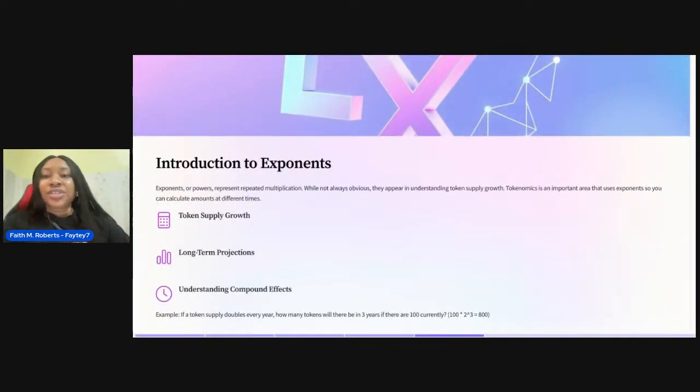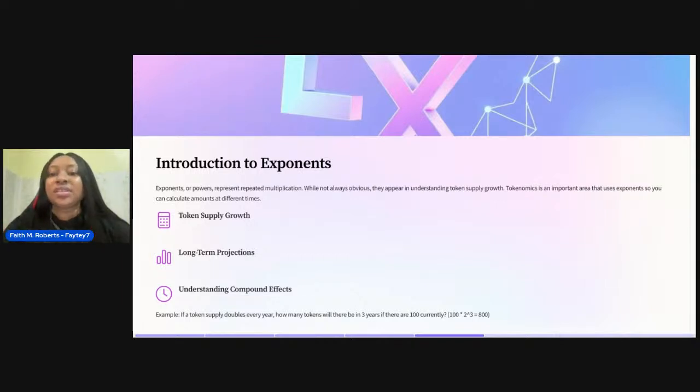All right, introduction to exponents. When we talk about exponents, we are talking about a way that numbers add to themselves in a way that is not just a linear adding where you say 1 plus 2 or something.